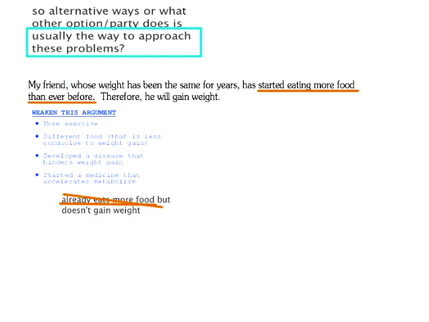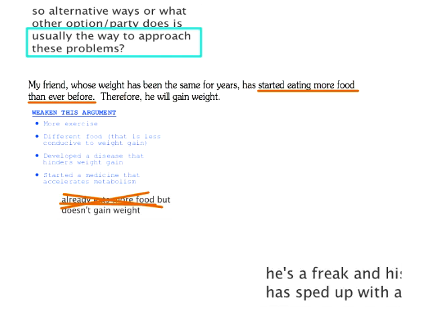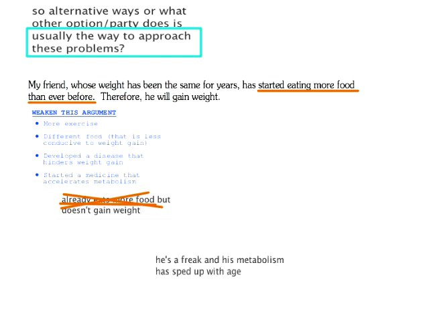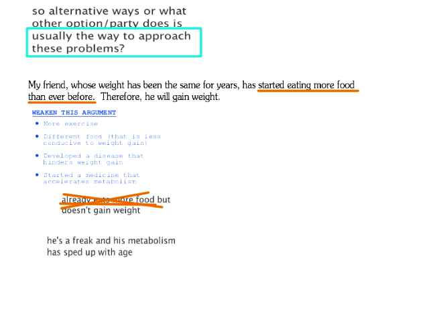So this is a false statement. Alternatively, it could mean that the extra food just doesn't affect him at all. But that's not realistic. If you add food, it's going to do something. Same thing with this. This is also not terribly realistic. So you don't need to consider unrealistic things.